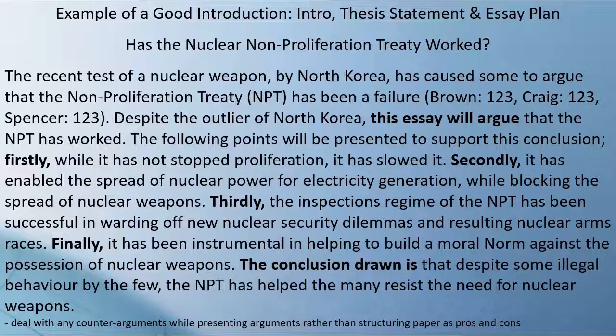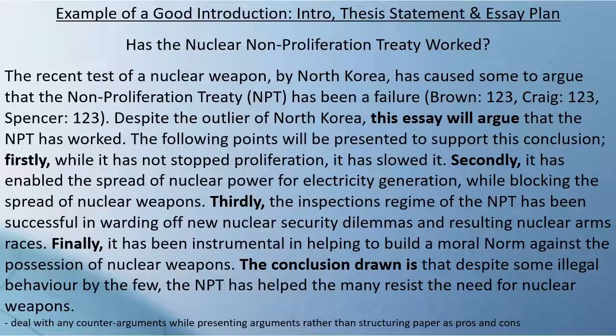Firstly, while it has not stopped proliferation, it has slowed it. Secondly, it has enabled the spread of nuclear power for electricity generation while blocking the spread of nuclear weapons. Thirdly, the inspections regime of the NPT has been successful in warding off new nuclear security dilemmas and resulting nuclear arms races.